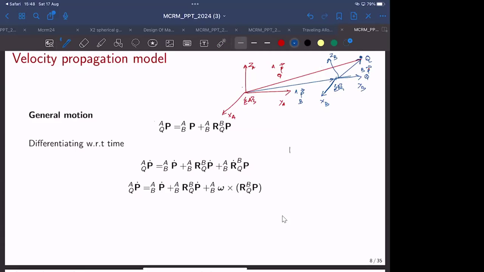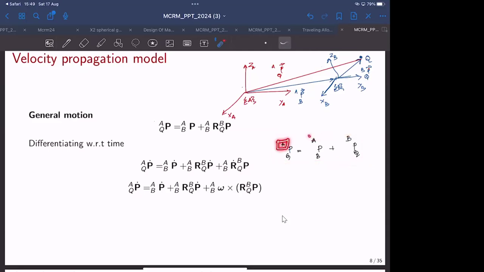Position vector of Q with respect to A is the position vector of B with respect to A plus the position vector of Q with respect to B, right? But notice that all the terms should be written in terms of a single frame of reference.